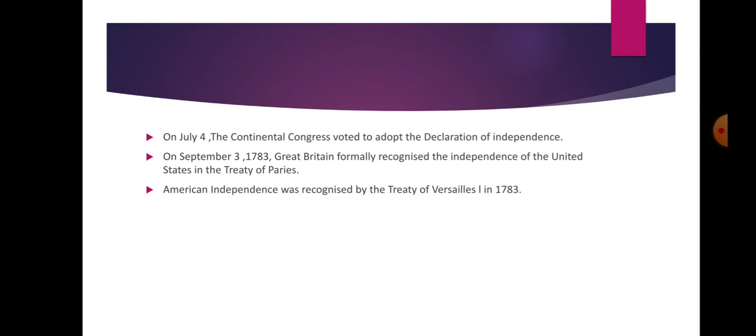The treaty was signed in Paris by representatives of King George III of Great Britain and representatives of the United States of America. Finally, this ended the American Revolution.